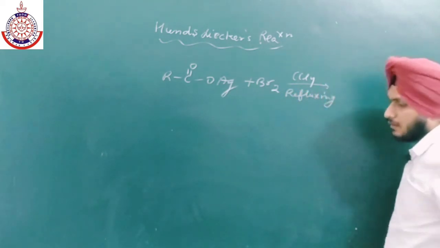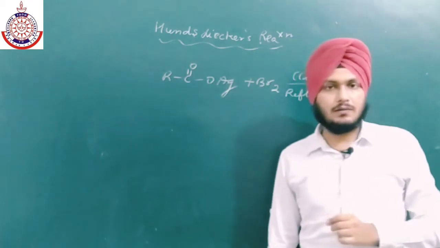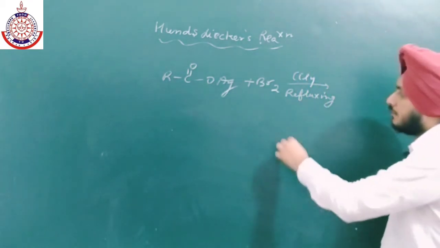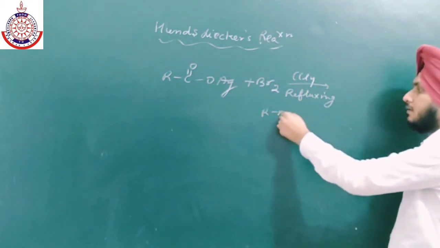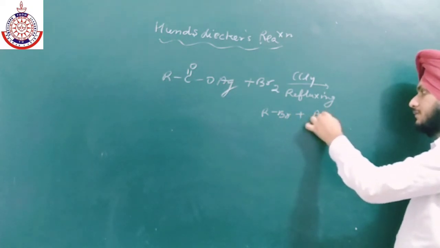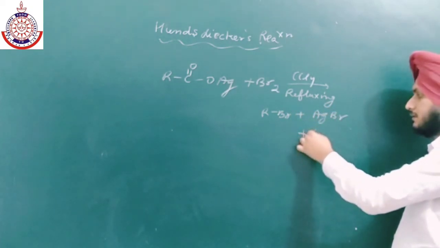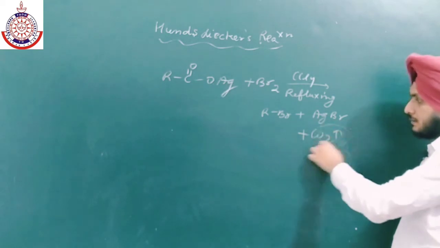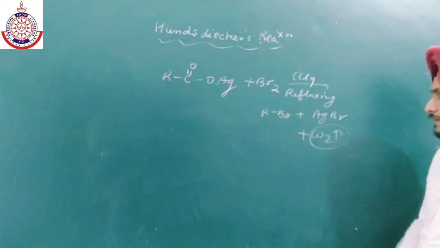What is refluxing? Evaporation followed by condensation. We will get the product RBr plus AgBr plus CO2. These are the two byproducts, AgBr and CO2.